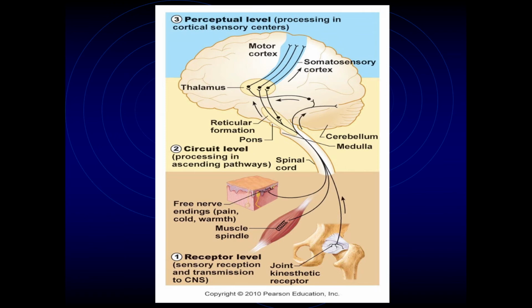Pathways of the interoceptive analyzer include afferent fibers of the autonomic and somatic nervous systems.